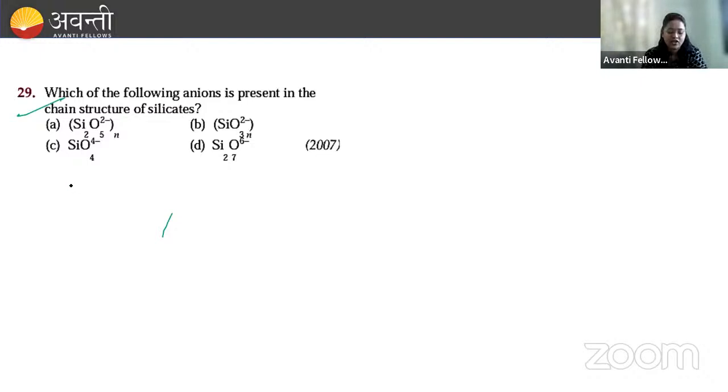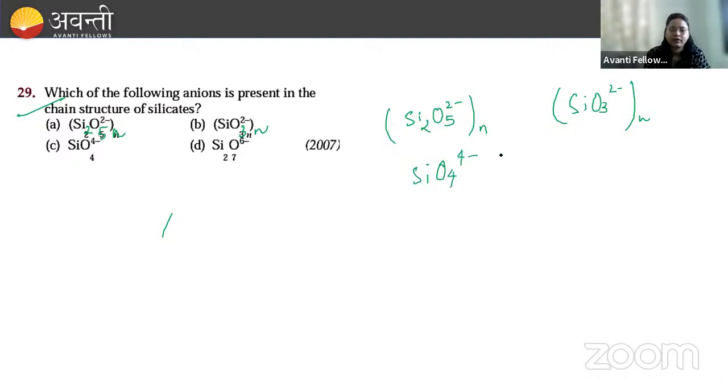In the chain structure of silicates, which basic unit is present? Si2O5 n minus, SiO3 n minus, Si2O7. I will write these options here for you. You have to keep in mind the chart of silicates. Tell me which of the following anions is present in chain silicate.